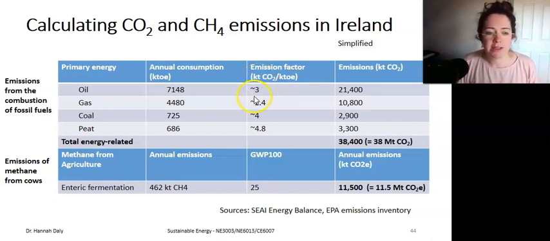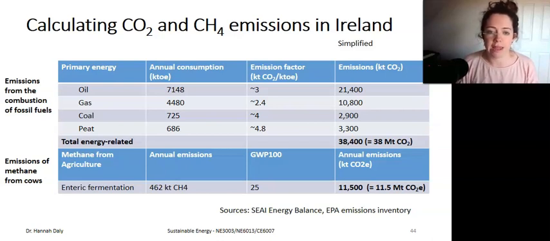So you might ask, why is the emission factor of oil 3 tons of CO2 for every ton of oil burned? Actually, if you heat your home with kerosene, the standard tank is 1,000 liters, which is about 800 and something kilograms. So it's nearly a ton of oil that you would be burning.